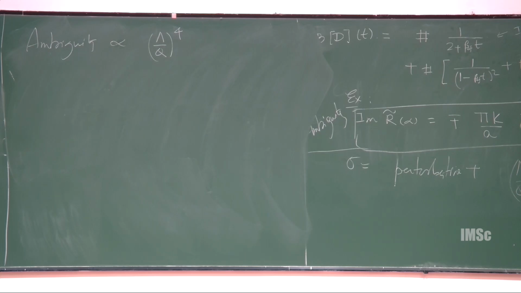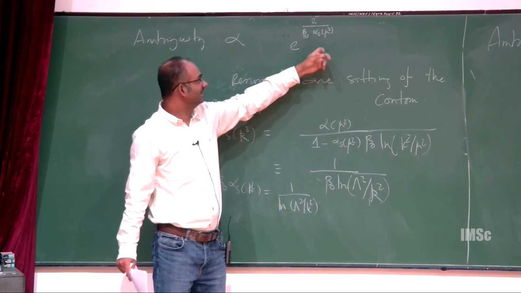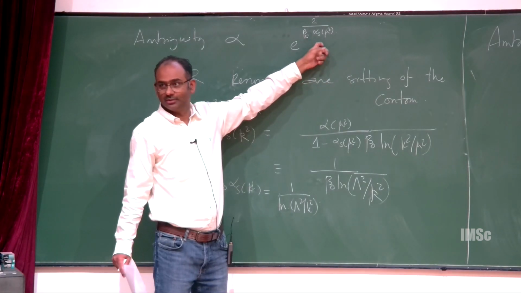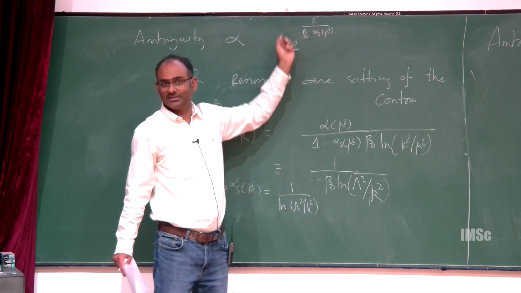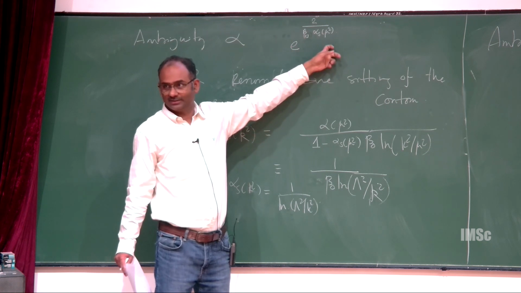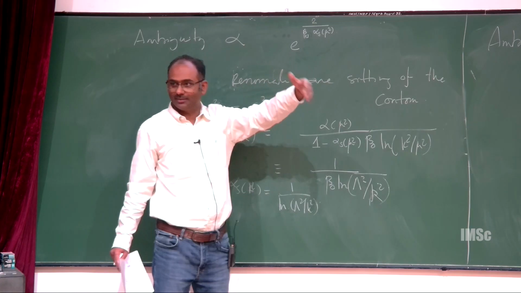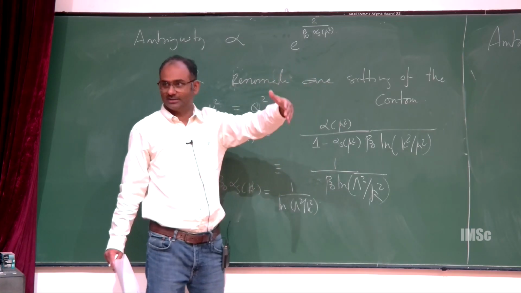This is an exponentially suppressed term. So you have e to the 1 over alpha s, and it has an essential singularity at alpha s equal to 0. So you see this does not have a series expansion in alpha s, but when you do perturbation theory you are doing a series expansion in alpha s.